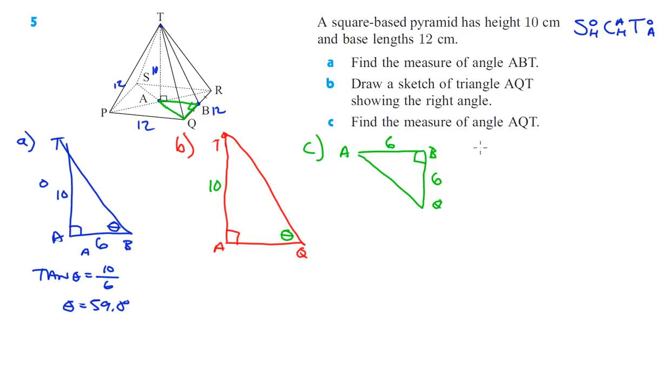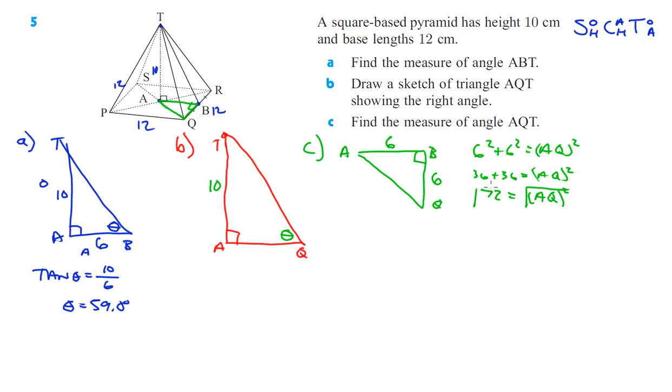So we can do a squared plus b squared equals AQ squared. So 6 squared plus 6 squared equals AQ squared. So that's 36 plus 36 equals side AQ squared. So that's 72 equals AQ squared.